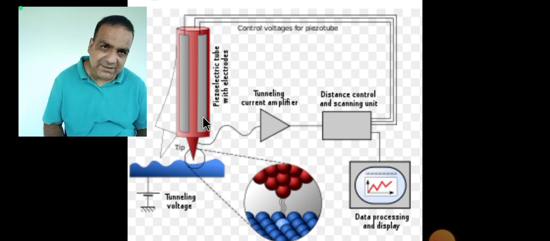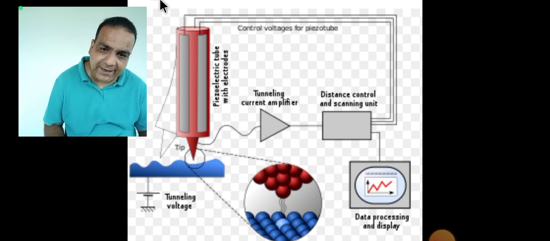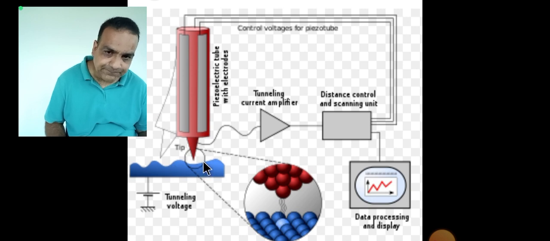The next important thing is about the substrate. The probe is brought very close to the sample surface, as you can see here, probably in the range of nanometer scale. Then a bias voltage is applied between the probe and the sample, creating an electric field.